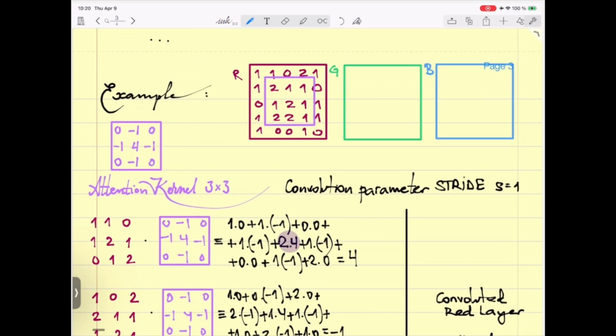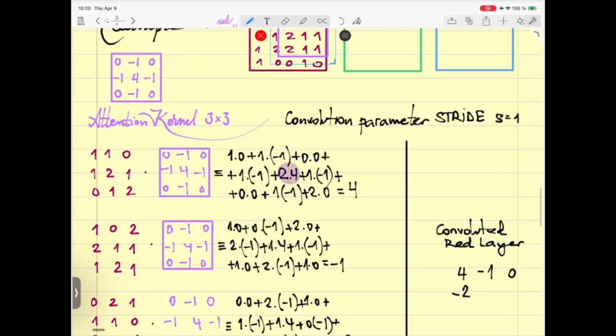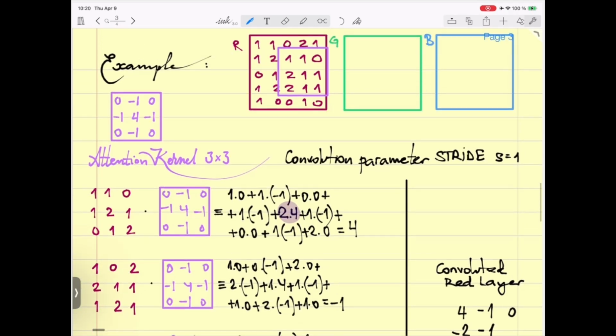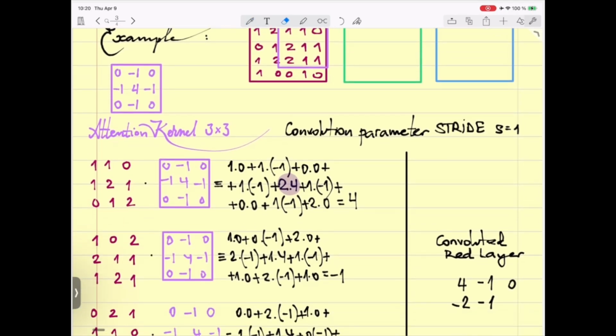Next one is 0 minus 1 minus 2 is minus 3, plus 4 is 1, minus 1 is 0, and minus 1 is again minus 1.